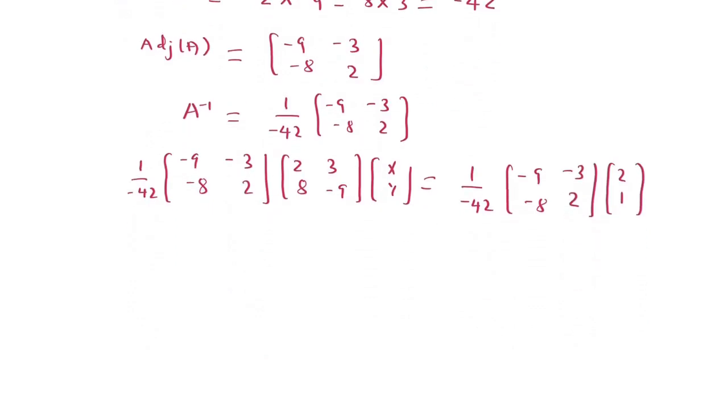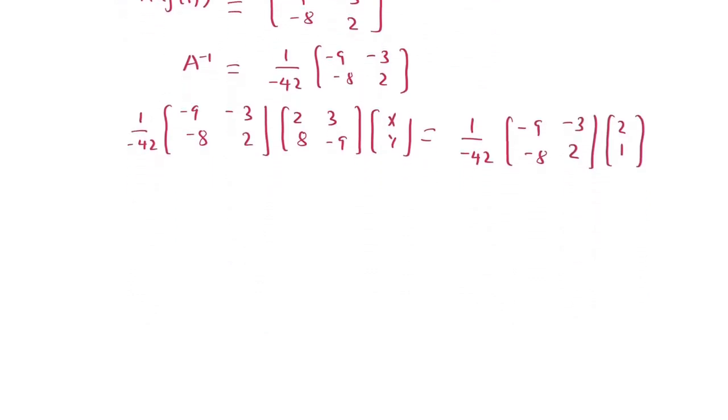Something to remember is that a matrix times its inverse gives an identity matrix. So for this part on our left hand side, we are going to have an identity matrix.